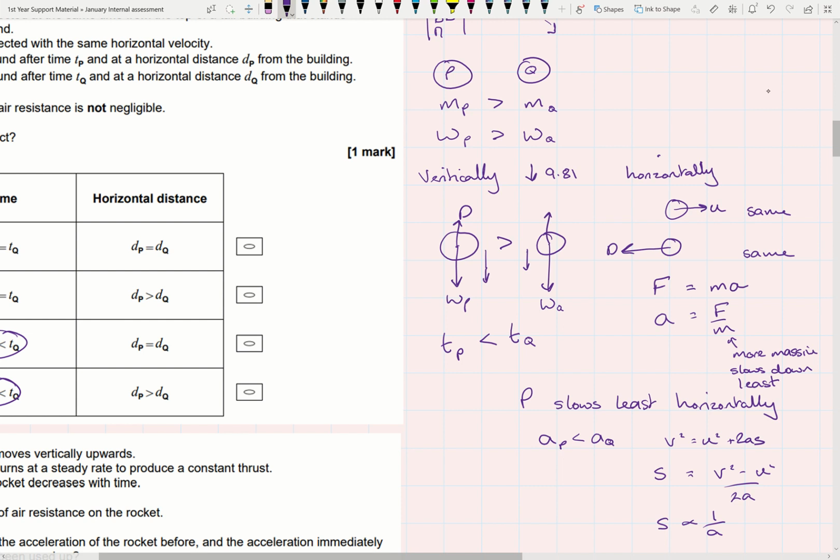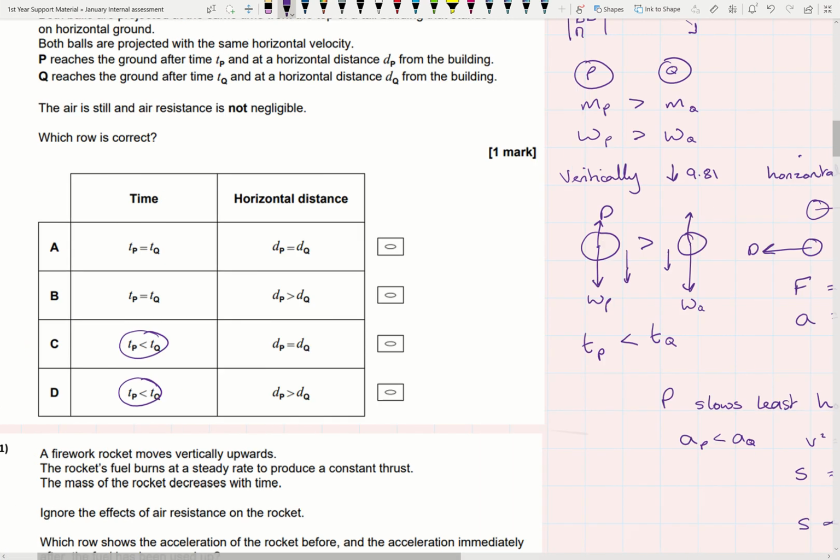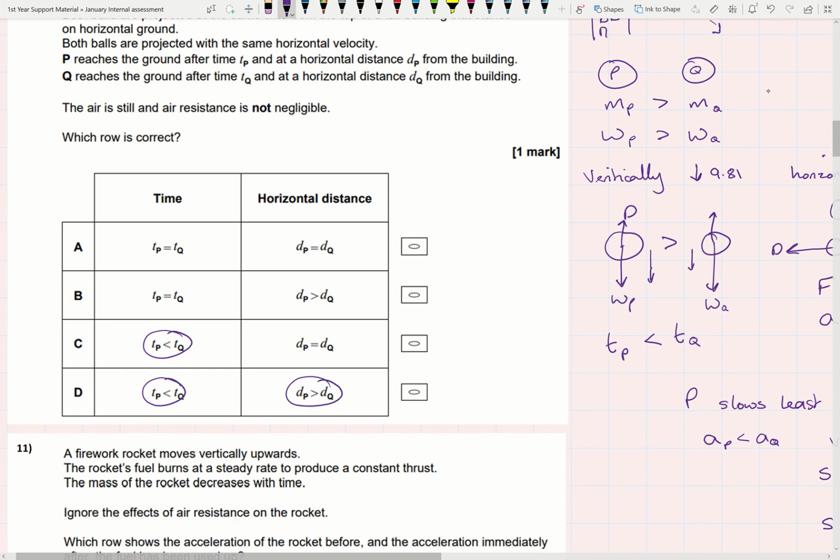If the final velocity is the same, which isn't necessarily, but the bigger the acceleration, the smaller the distance. So dq is going to be smaller. It's going to be that one.